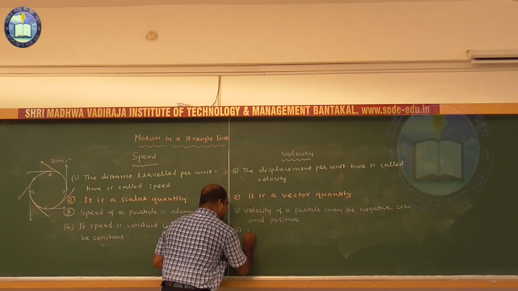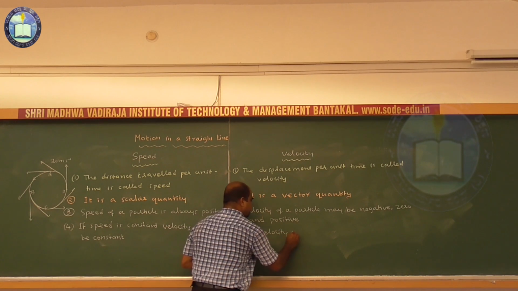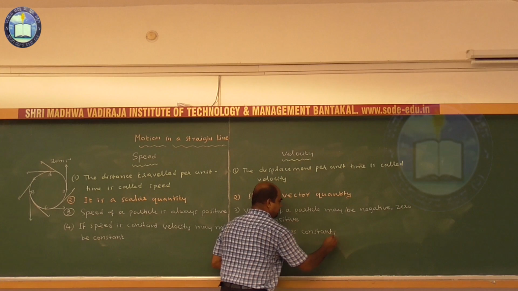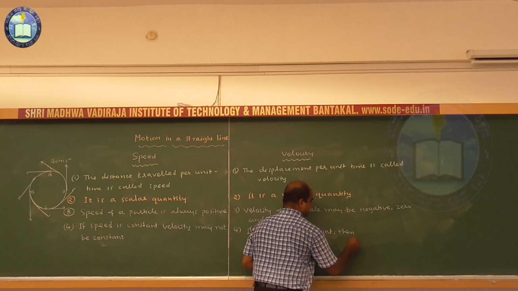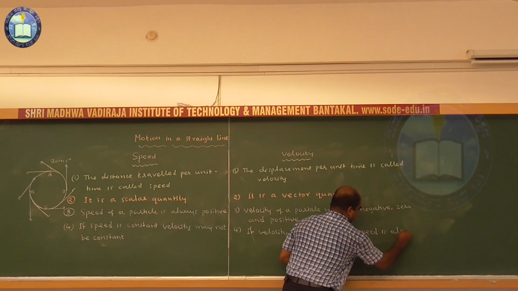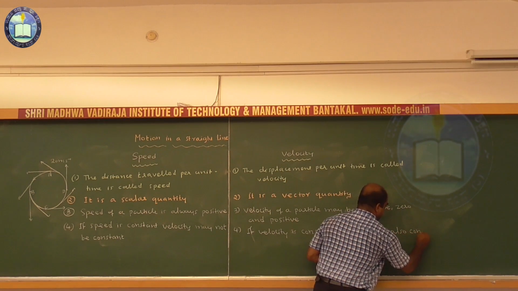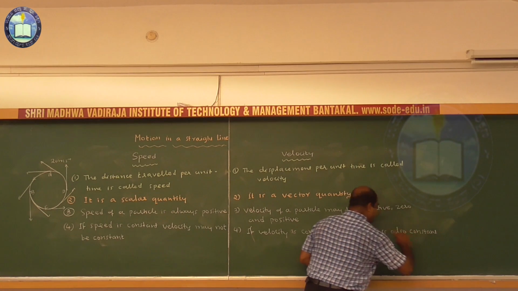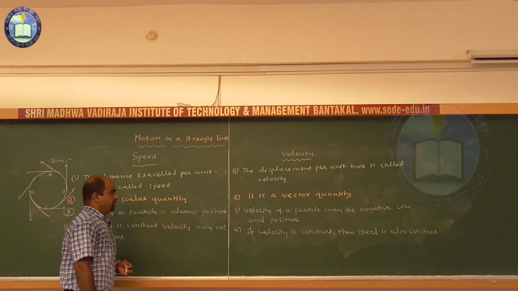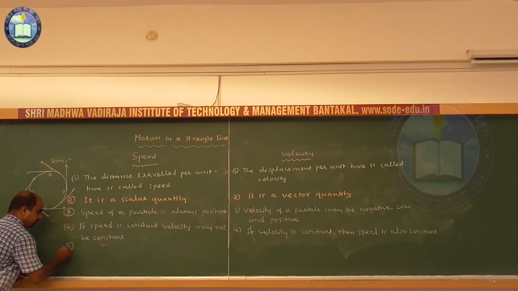Therefore, if velocity is constant, then speed is also constant. Got it? Important difference.